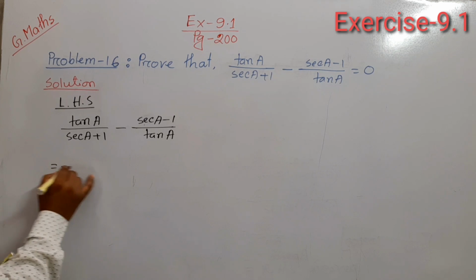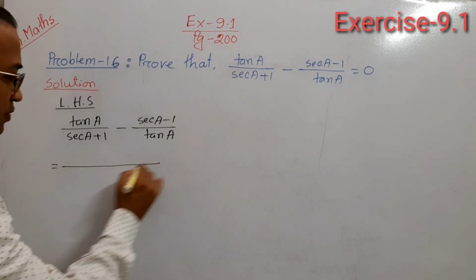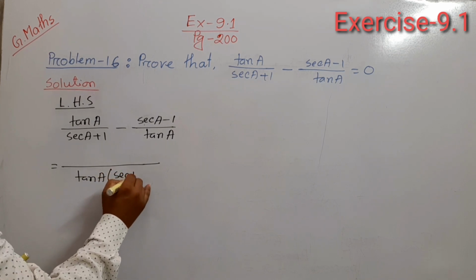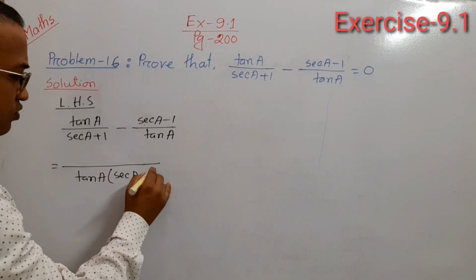Here also we will subtract, so the LCM will be tan A into (sec A plus 1).